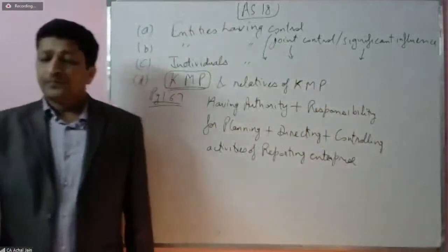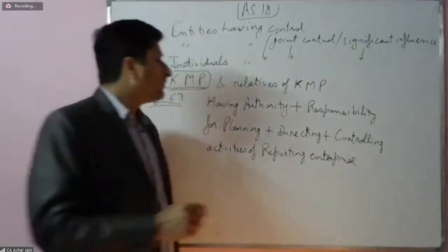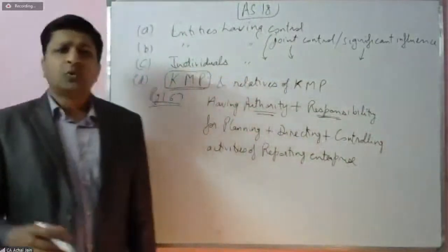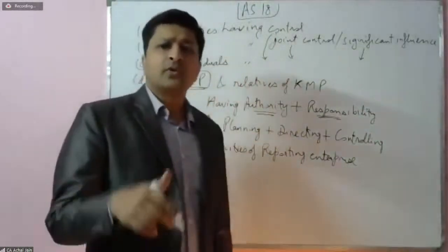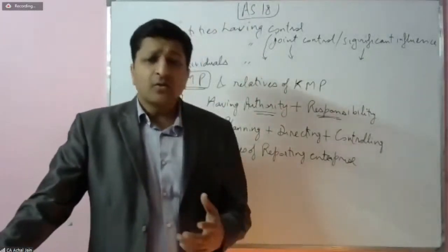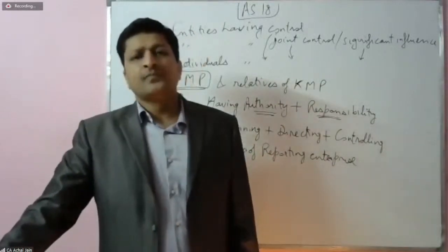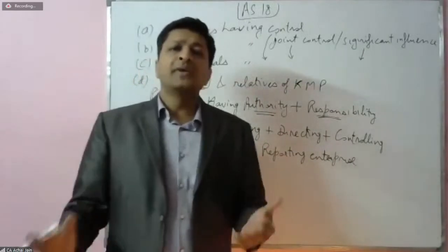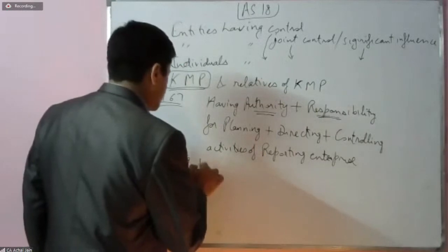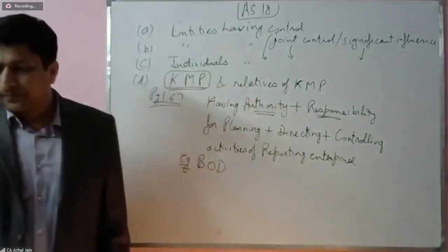Now, who can be the person who will be playing this role, who will have authority as well as the responsibility to plan, direct and control the activities of the entity? Such a role is generally played by the higher management in the organization. Board of directors will be one of the examples of the KMP, or you can say the directors.